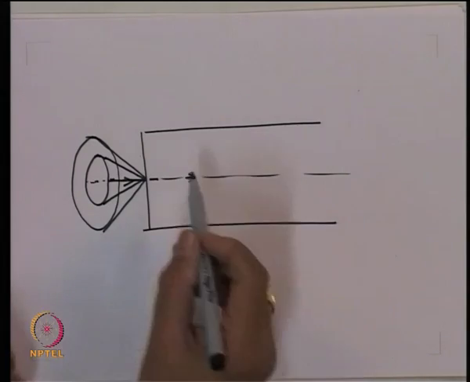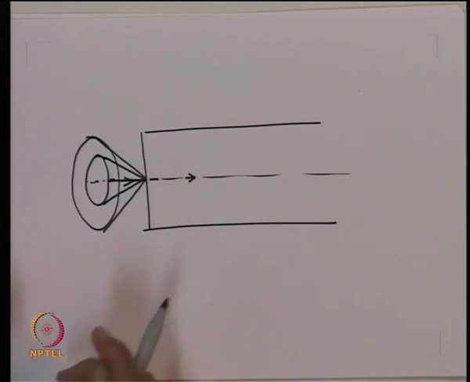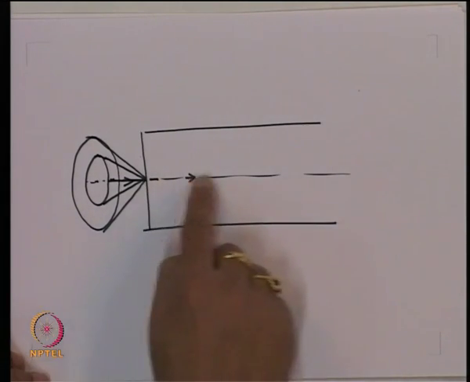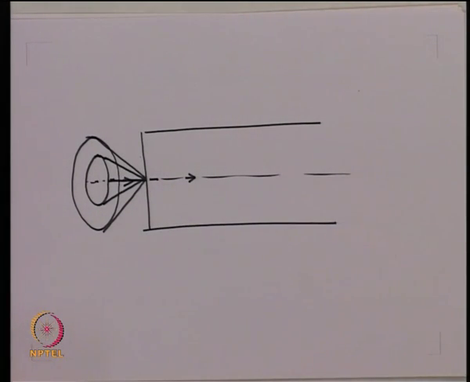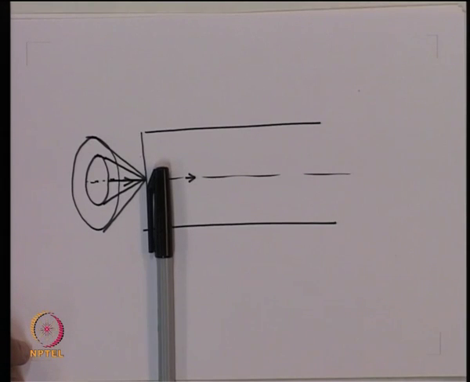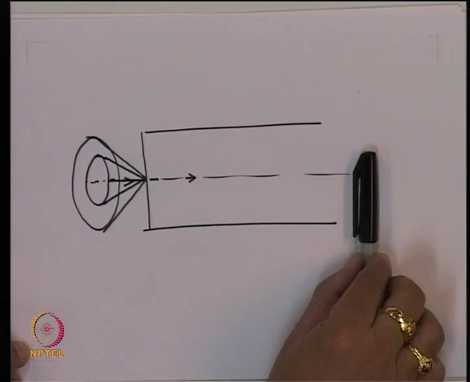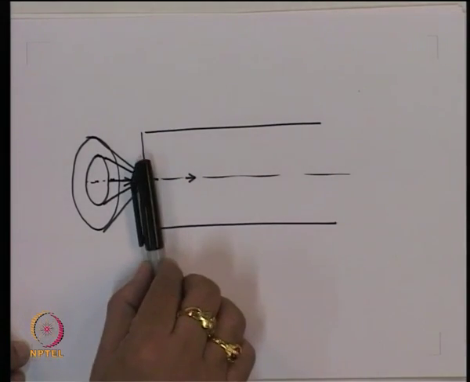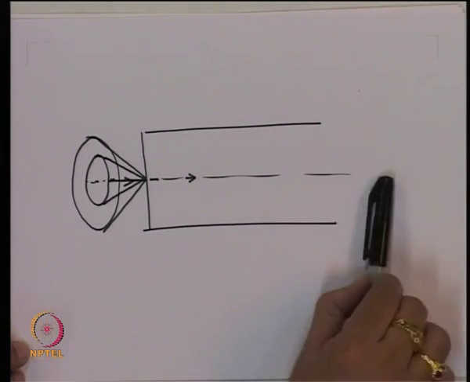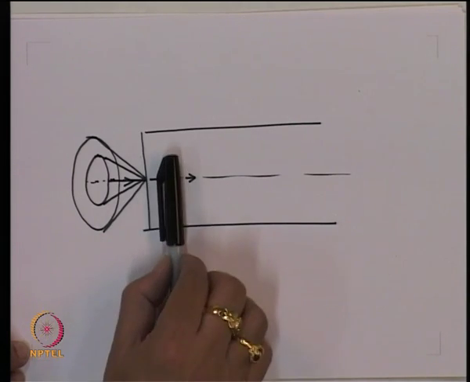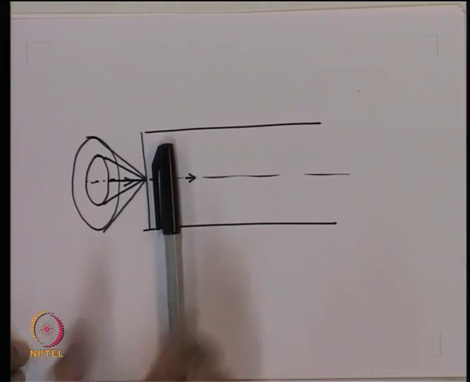If I consider this ray, then the electric and magnetic field are perpendicular to each other, and they are perpendicular to direction of propagation of this ray. So, let us say the electric field lies in the plane of the paper. So, for this ray it will always lie in the plane of the paper, and since the net propagation is along the axis of the fiber, you have the electric field which will be always perpendicular to this.